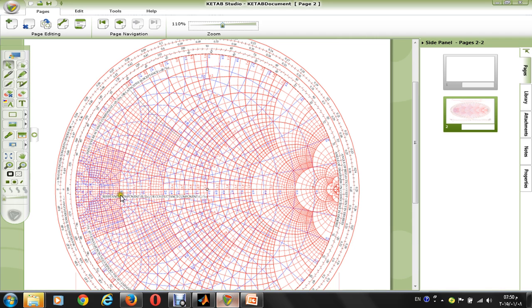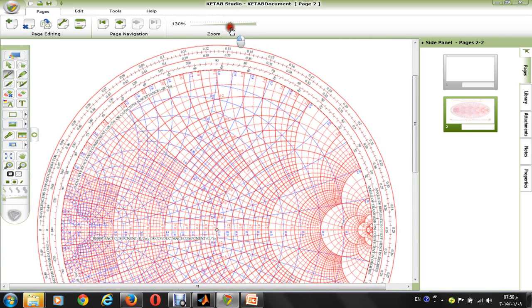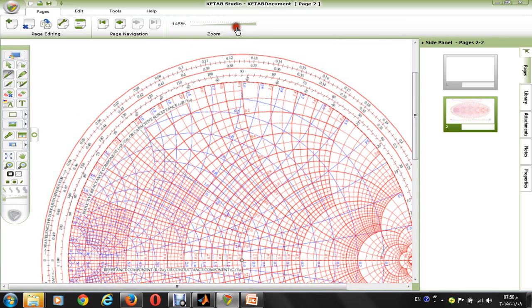So I go to Ketab, I take the pen, zoom in, I mark the angle of 155, which is nearly here. Here is a mark. This is 150 and this is 160.